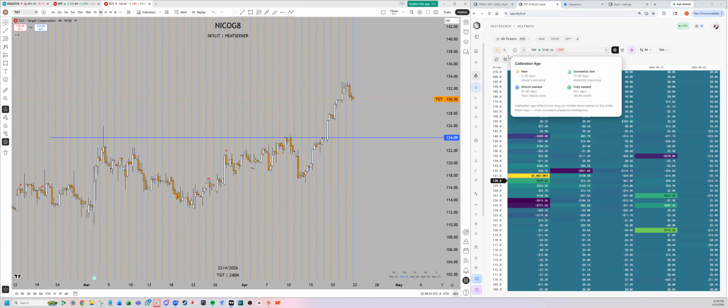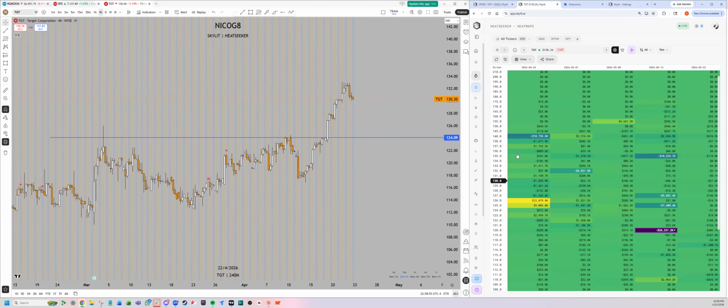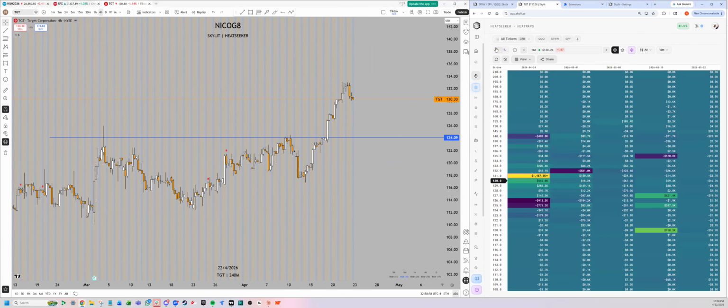I don't know about that 131. I'd probably just wait for that floor. I guess 131 doesn't really align with this ceiling, this swing high that we had, so I'd probably just be waiting down there at 125, 126, see if we can get a push down and hold that for further up.